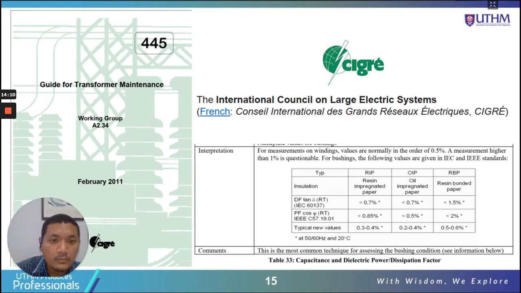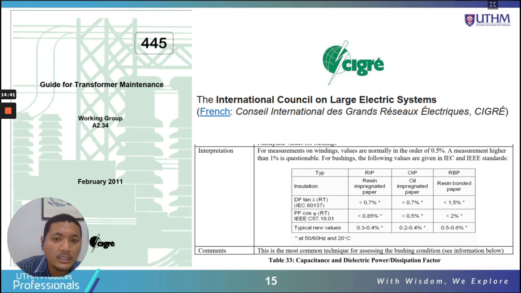If you perform the tan delta test, or the electric dissipation factor test, which is just a different name for tan delta, you can perform it on the bushing of a transformer.